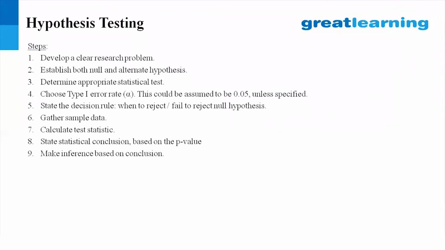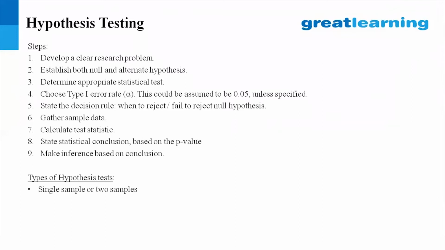If your p-value is not significant, then you cannot be very sure of your results. But as long as it is significantly lesser than 0.05, you could be very sure of the results or the inferences that you're trying to prove. So follow these steps when you're testing the hypothesis, be it any type of test that you're doing. Follow these steps one by one and you'll be able to make the inferences.